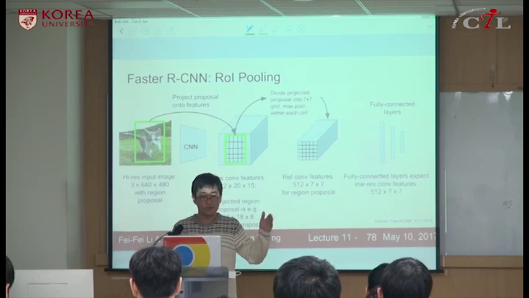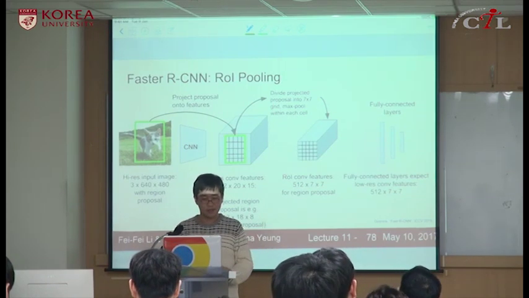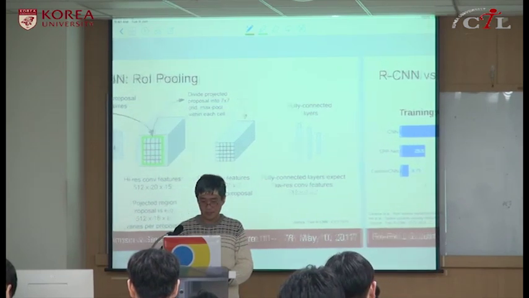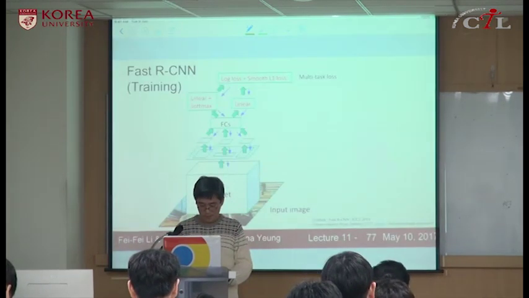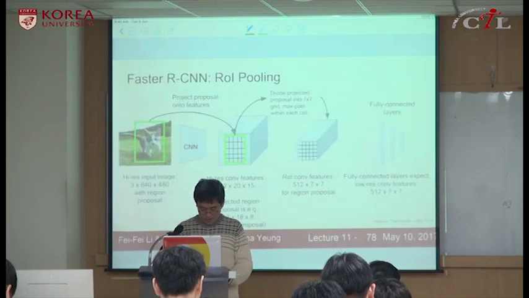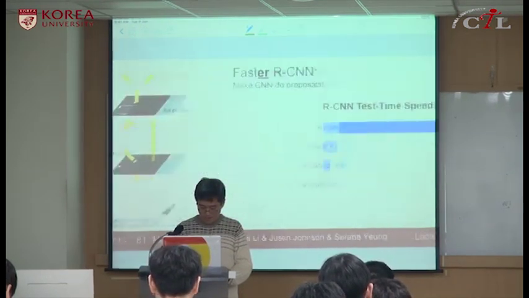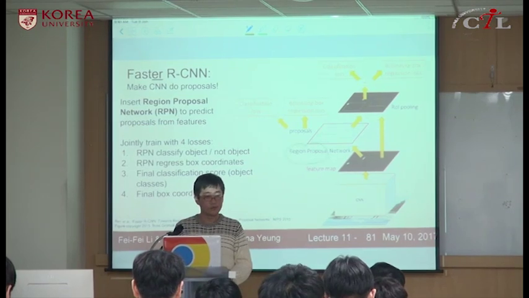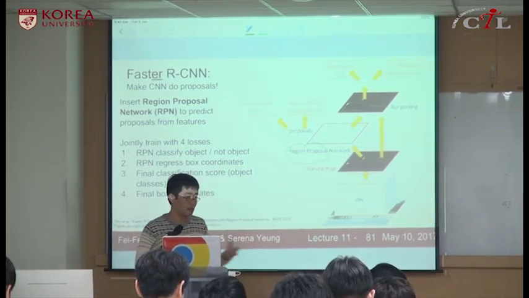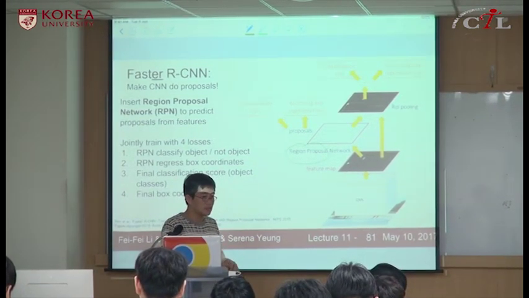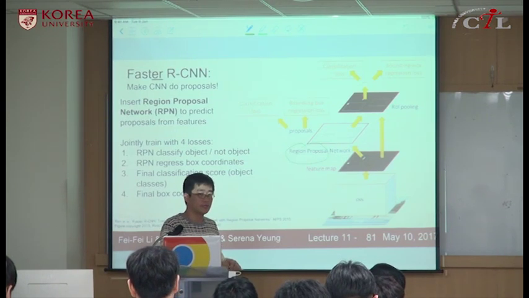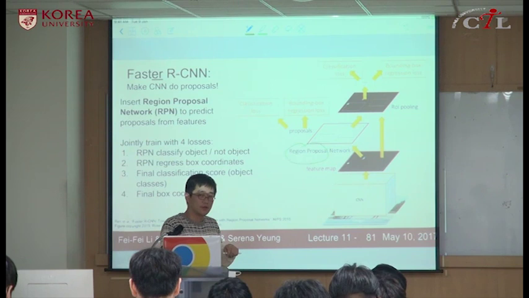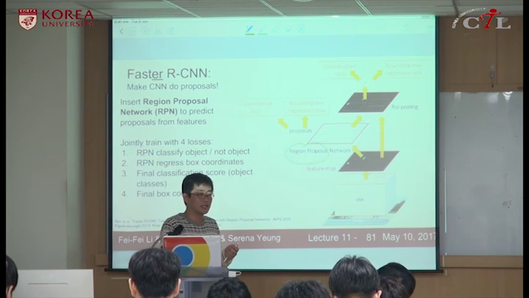And then what's the difference between Fast and Faster R-CNN? In the case of Faster R-CNN, obtaining these candidate regions out of our image is done by a separate algorithm, the region proposal method, right?